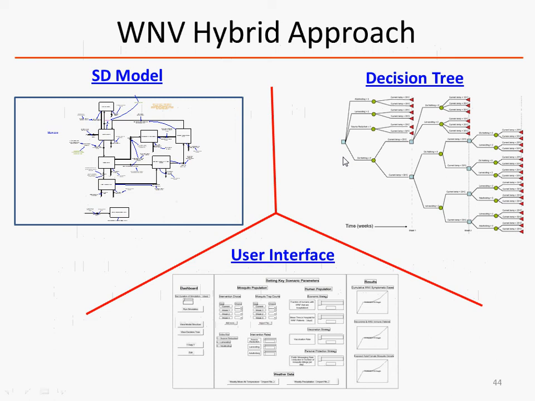A given temperature profile affects a bunch of different things along the mosquito life cycle and the maturation of the virus. And there's structured interaction between birds and mosquitoes on the one hand, and between mosquitoes and people on the other. These things can be characterized in models at whatever level of aggregation. And those models can be used to evaluate, ladies and gentlemen, the impact of a sequence of interventions and temperature profiles over time, and to tell us what the implications are for the number of West Nile cases or what have you.